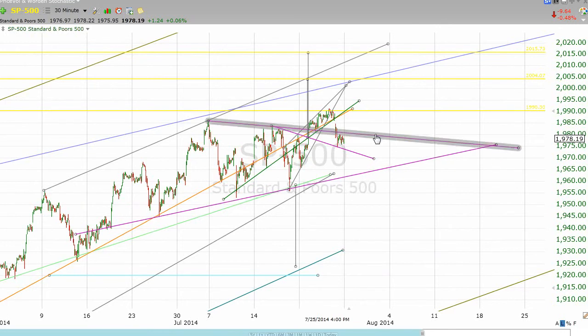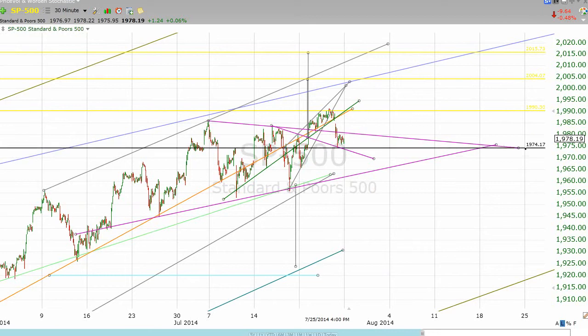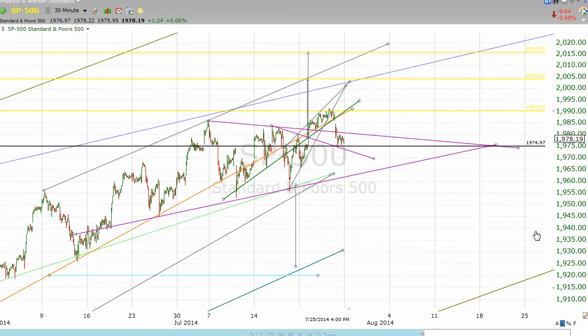So I'm going to extend this line and this line, and let's see what that points to. The way I'm going to do that is just take a horizontal line and put it right on that apex, and lo and behold, that's also where we bounced.